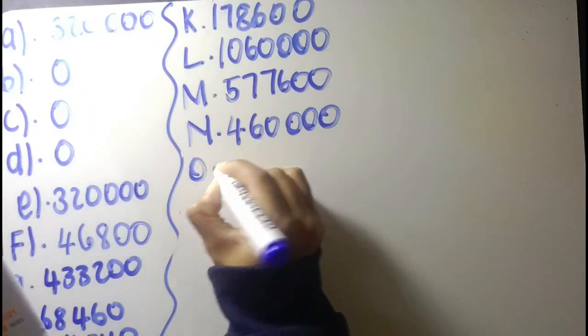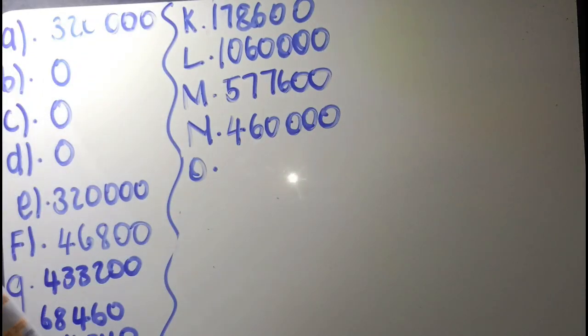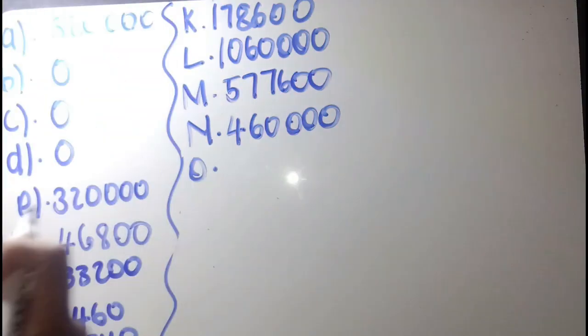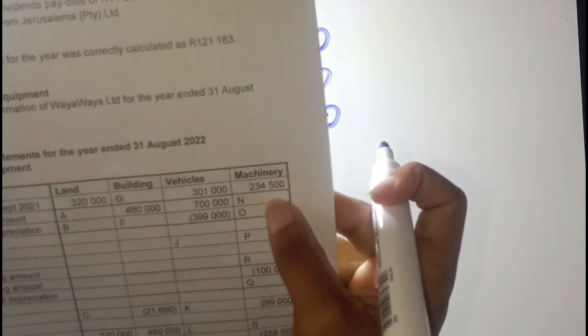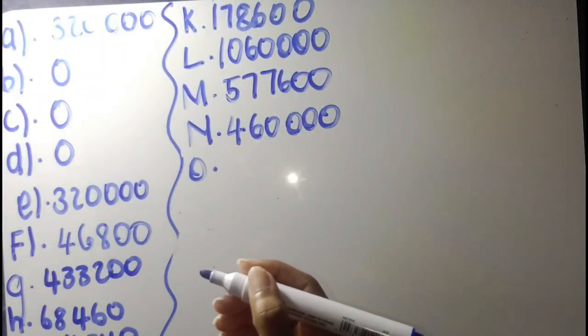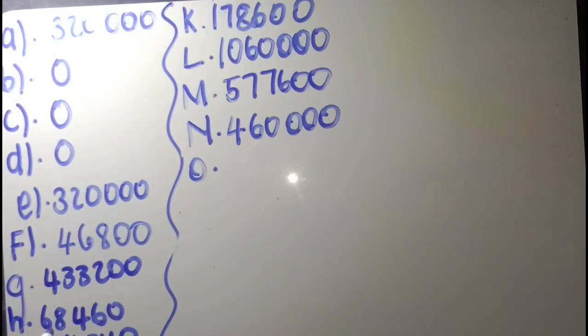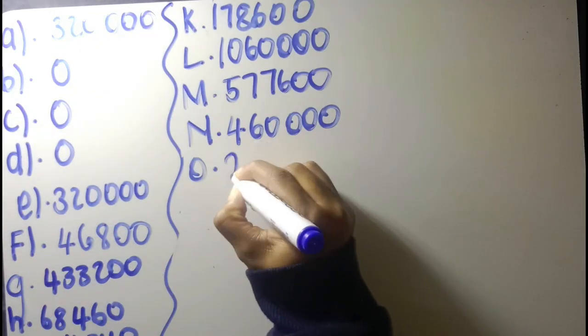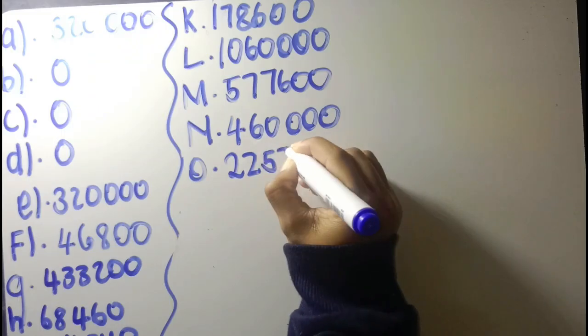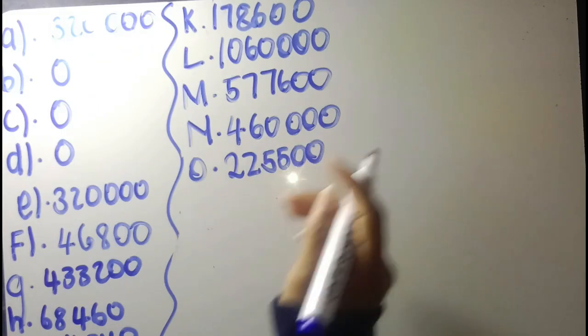Now let's move on to O. For your O, they're asking for the accumulated depreciation. So you say 460,000 minus your carrying amount, and that should give you 225512. Yes.